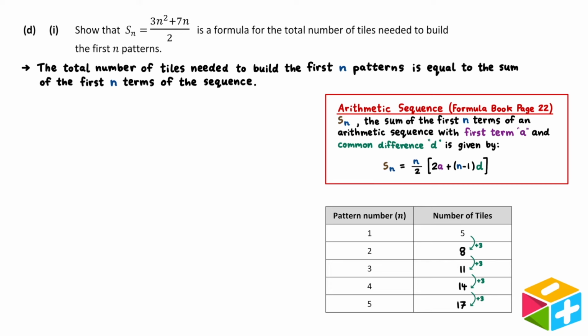As a reminder, here is a table that we found earlier which contains the first few terms of our sequence. In our formula, a refers to the first term in our sequence, and just like earlier, a is equal to 5. d refers to the common difference, and again, just like earlier, d is equal to 3.